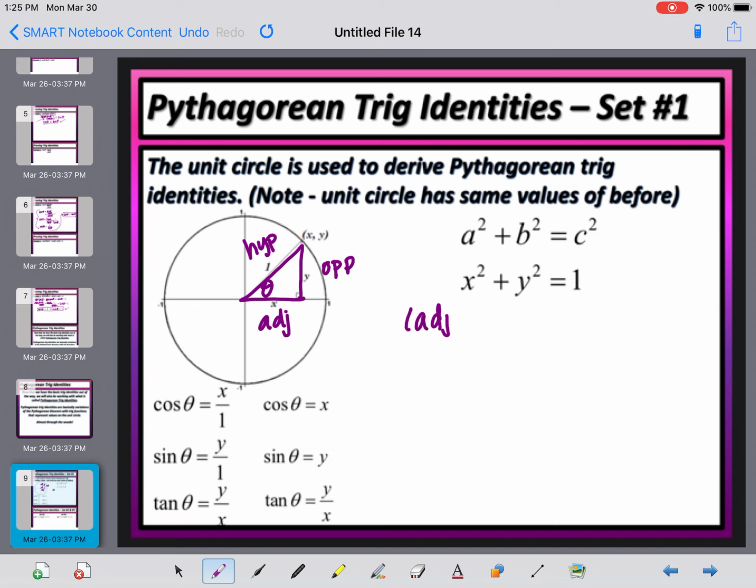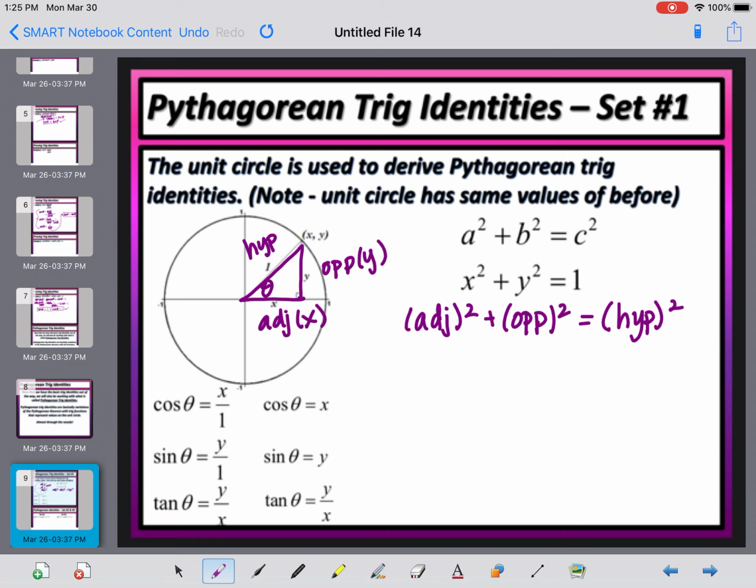So that comes from your adjacent side squared plus your opposite side squared, and that equals your hypotenuse squared. Now, we also were able to relate opposite, adjacent, and hypotenuse to quadrantals.